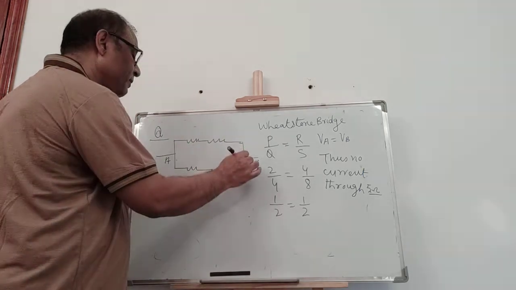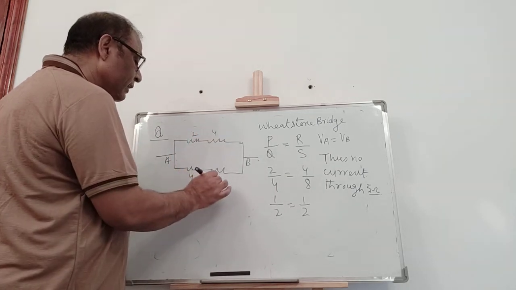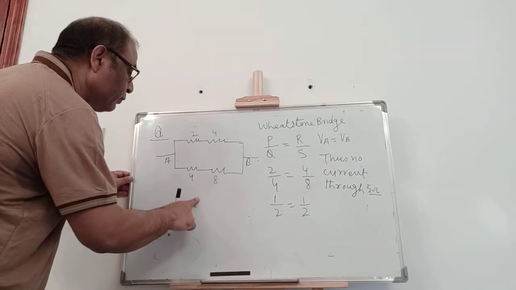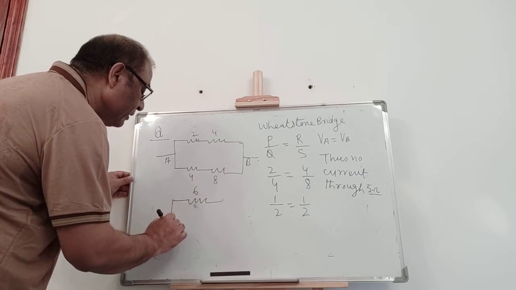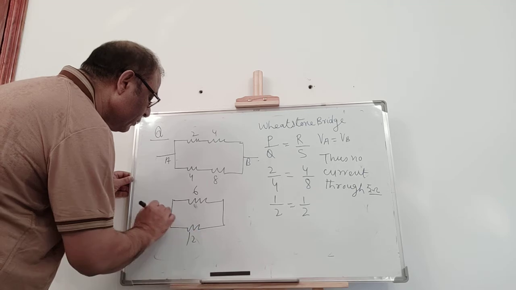A and B. This is 2, 4 and 4 and 8. Then the first two are in series, giving 6. And again, 4 and 8 become 12.